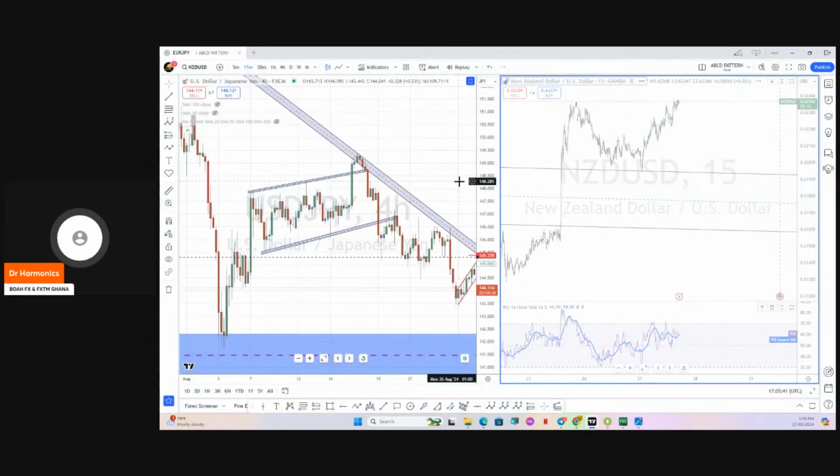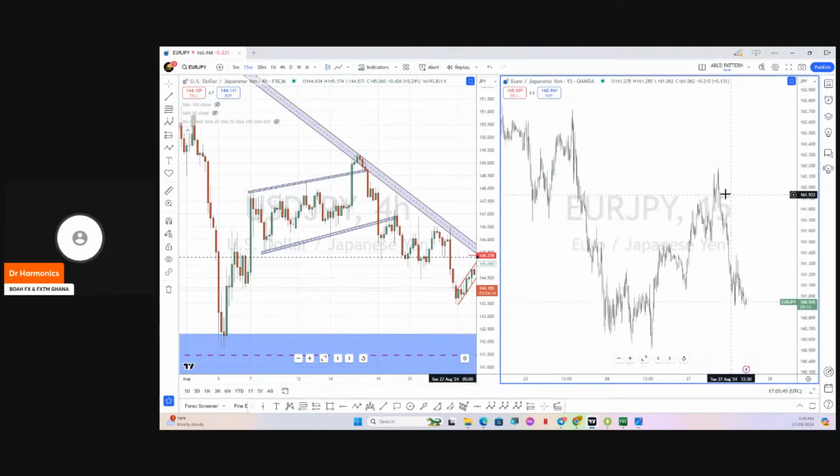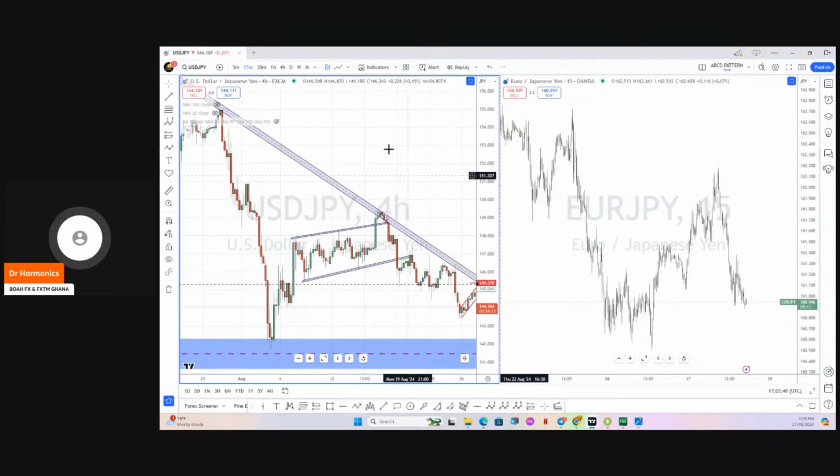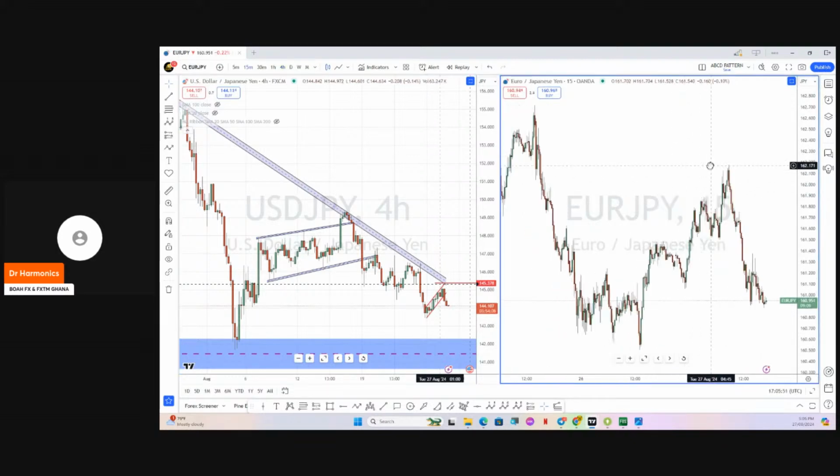Now look at Euro JPY. So the same time frame. Euro JPY, this is on the 4 hour. So let's go to the 4 hour.